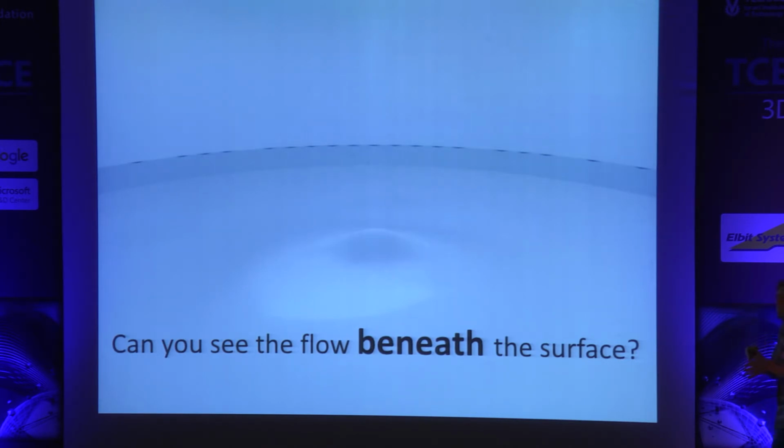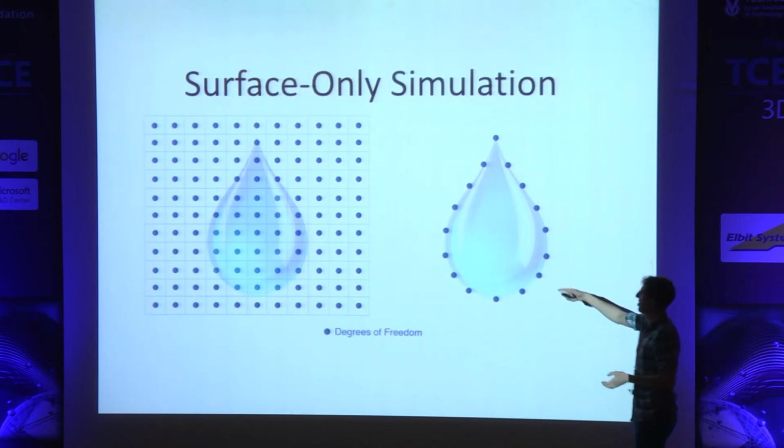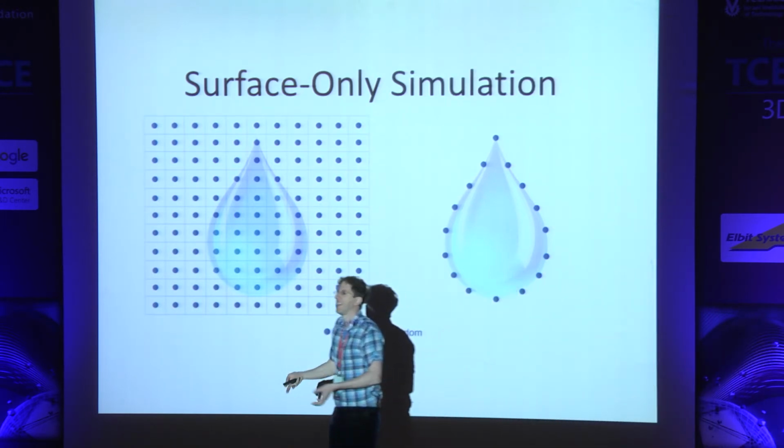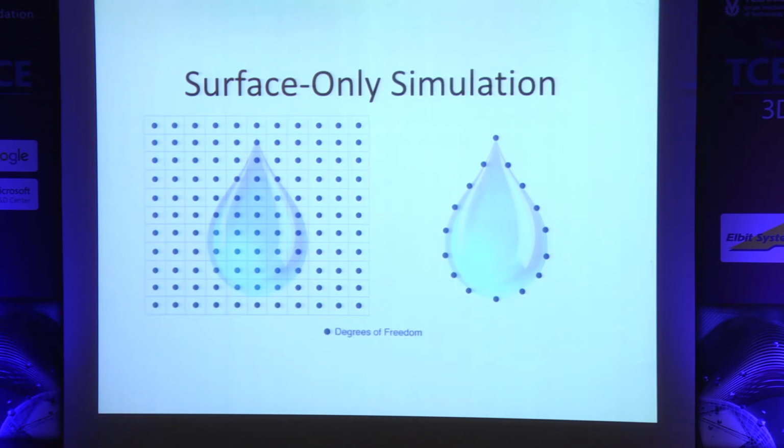And so I'm really switching here from discrete differential geometry, or differential geometry as the study of curves, to the study of surfaces. And I'm asking, can we model the fluid not by putting variables everywhere in the volume? Of course the liquid is a volumetric phenomenon, but can we model it just by putting variables on the surface?